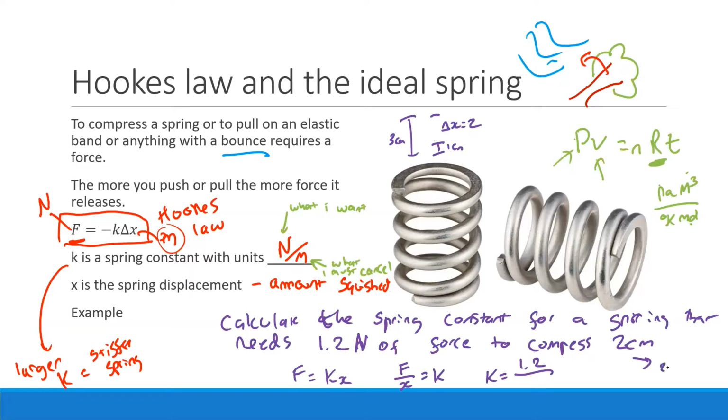So 2 centimeters equals 0.02 meters. 1.2 divided by 0.02 equals 60 newtons per meter. Beautiful. And that's our spring constant for this here.